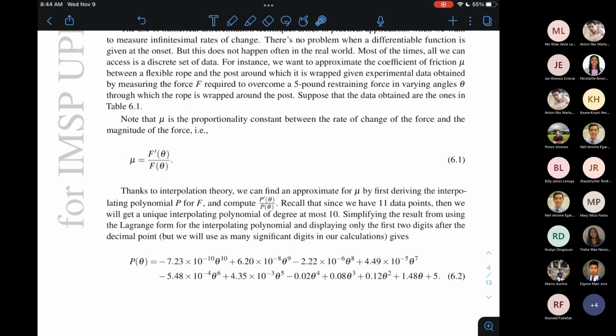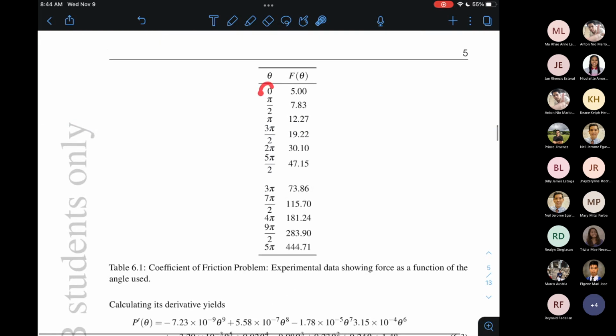So what you can do is to get measurements, experimental measurements. So halimbawa, pwede mong gawin, i-force mo halimbawa or you get the force required to overcome the 5-pound restraining force doon sa iyong setup at varying angles theta. So halimbawa, ang ginawa ko, halimbawa 0 degrees yung angle, kailangan ko ng 5 newtons of force to overcome it.